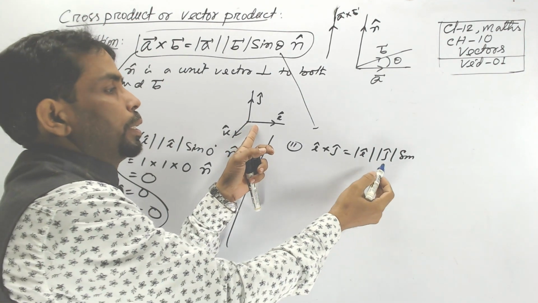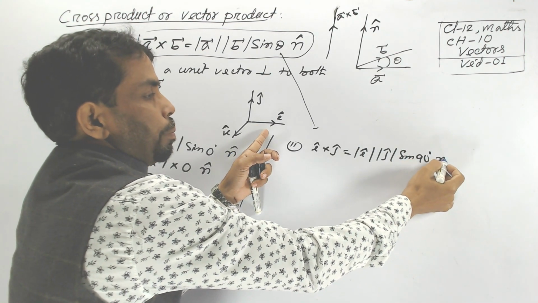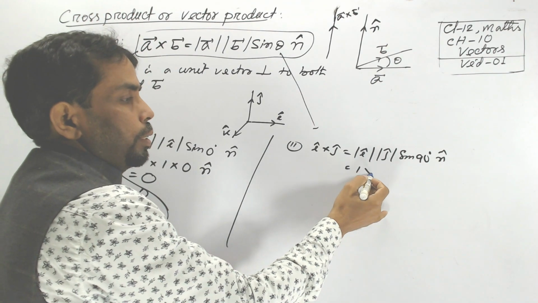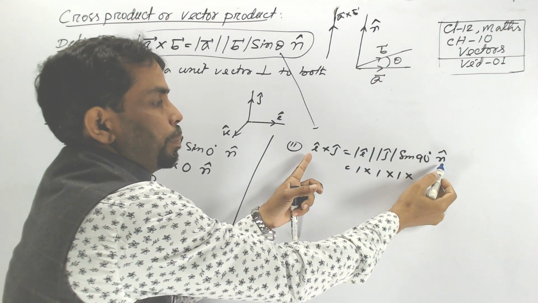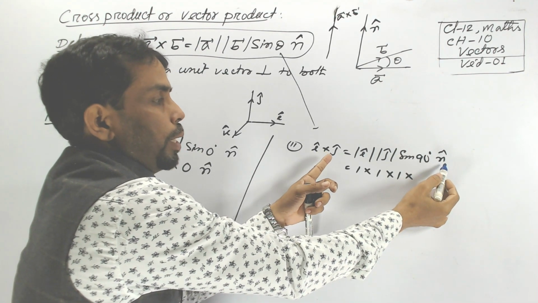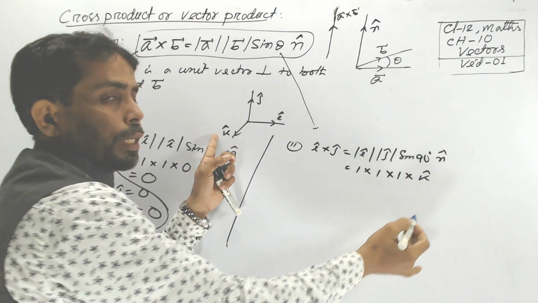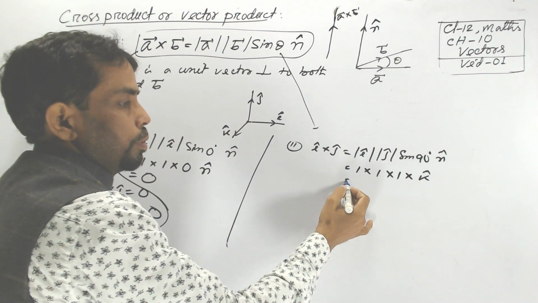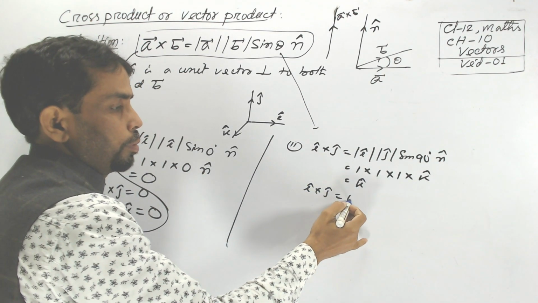So magnitude of i is 1, j also 1, sin 90 is 1. And n cap is perpendicular to i and j. Listen carefully: n cap is perpendicular to i and j, and the vector perpendicular to i and j is the unit vector k cap. So we are getting k cap. That means i cross j is equal to k.